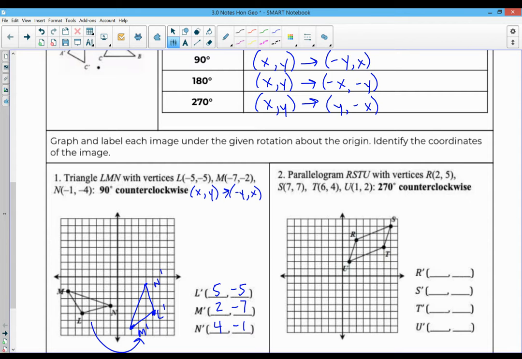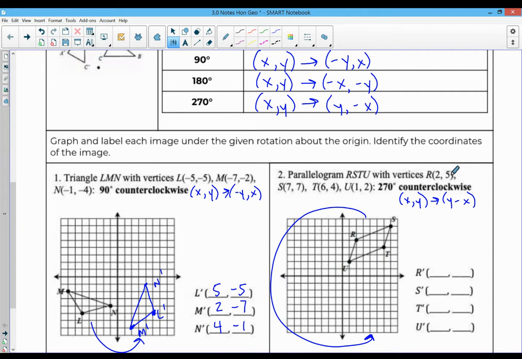Now I'm rotating this parallelogram 270 degrees counterclockwise. I see my rule here: (x, y) becomes (y, -x). Remember, 270 degrees counterclockwise, so counter, 90, 180, 270. I want to end up again in the fourth quadrant, so I should have positive x values and negative y values.